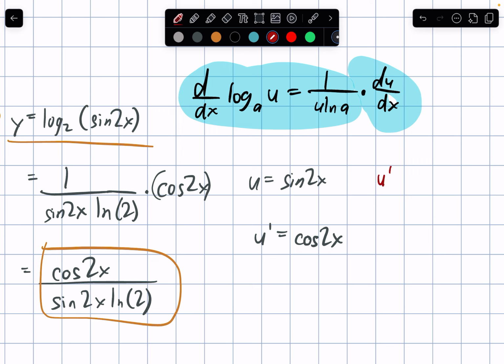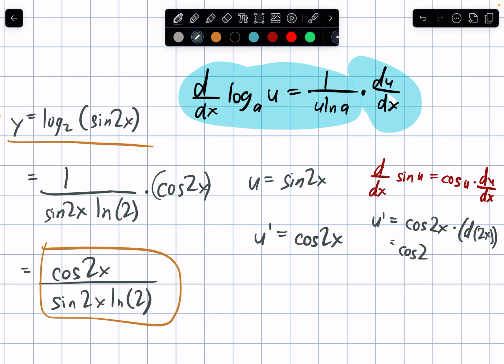So the derivative of sine u is equal to cosine u times du over dx. So in other words, looking for u prime, that's going to be equal to cosine 2x times the derivative of 2x.